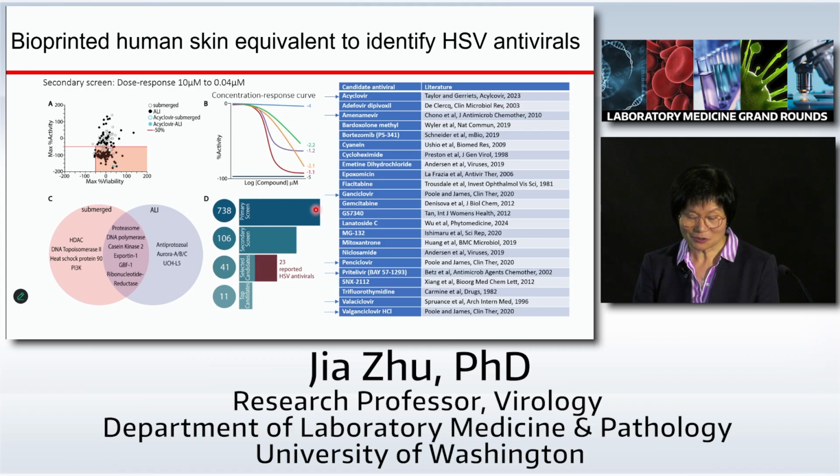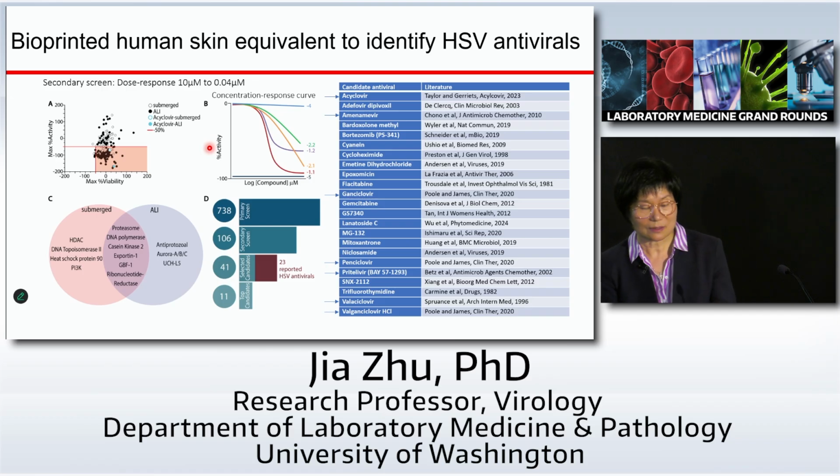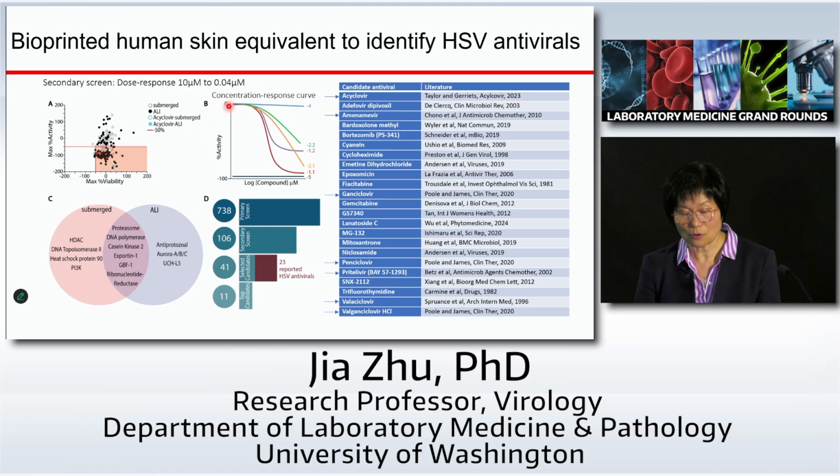From that initial screening, we identified 106 hits and then performed a secondary screening, using a dose response from 10 micromolar all the way to 0.04 micromolar. Each compound was characterized by its concentration response curve, the CRC class, according to potency and efficacy. This led us to select a further 41 candidate compounds.